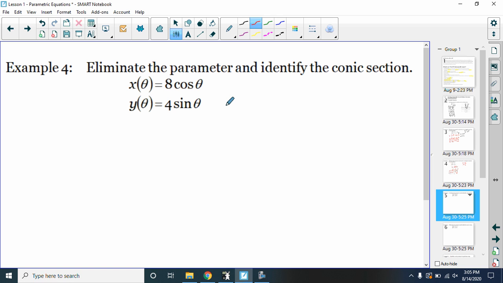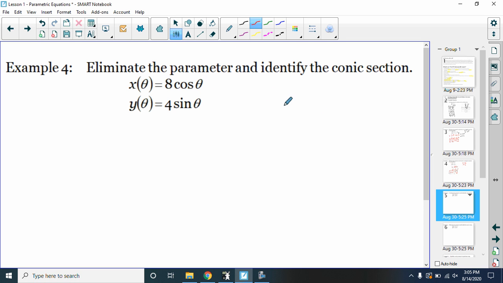When we've got sines and cosines in there, we are not going to solve for theta. We are not going to use theta equals arc cosine of x over 8 and try to substitute that in here. That's going to be a mess.